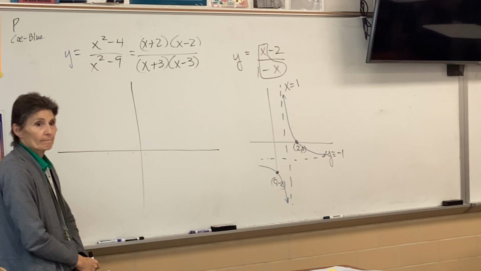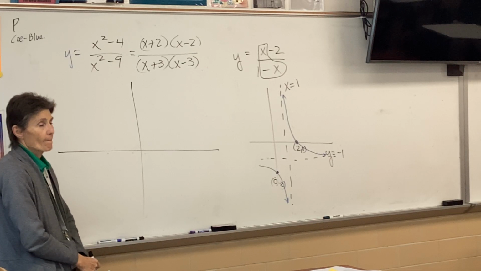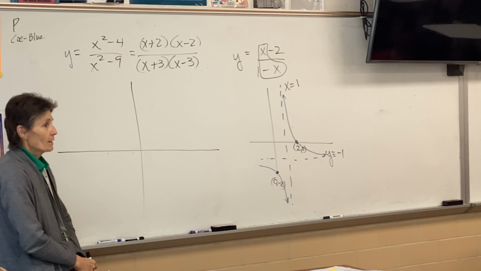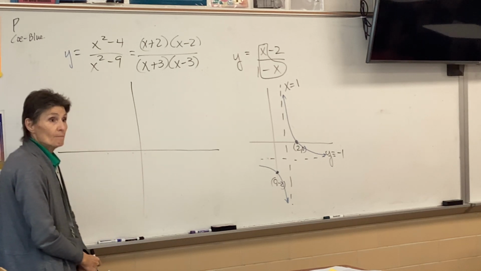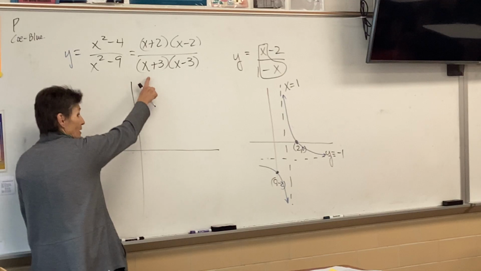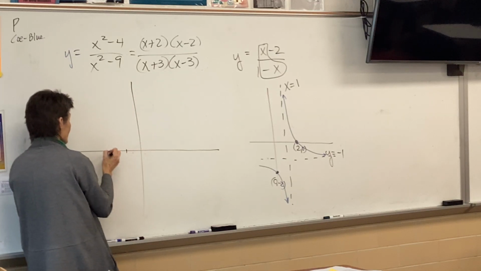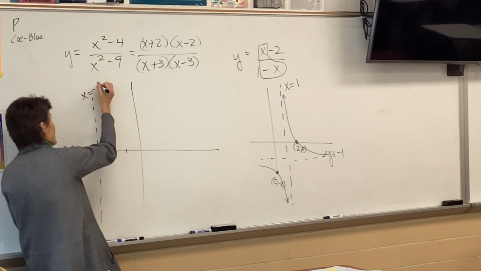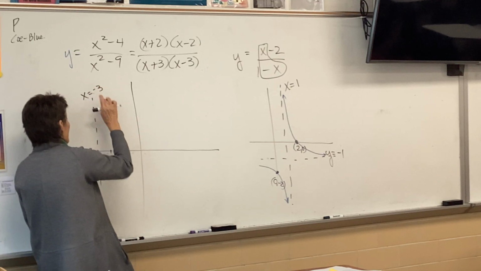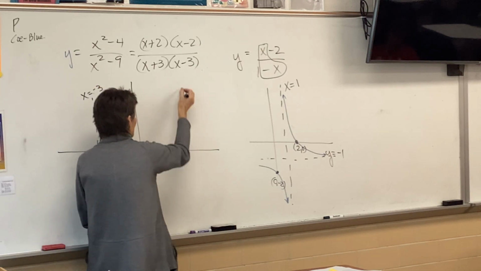I'm going to have 2 vertical asymptotes. They come from the denominator, so I'm going to have a vertical asymptote at negative 3 and a vertical asymptote at 3.